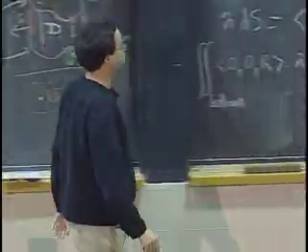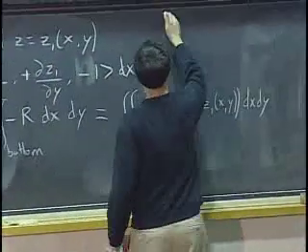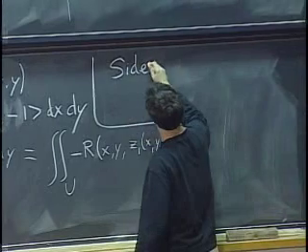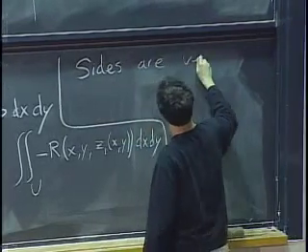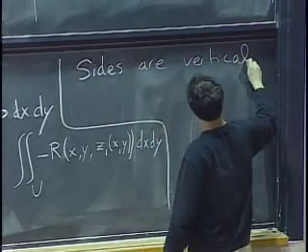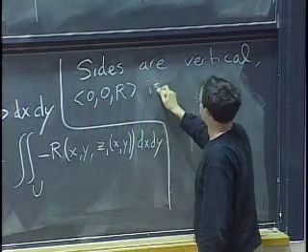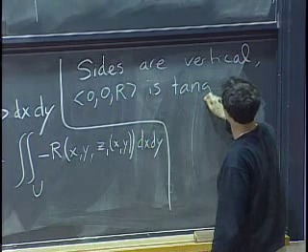So the sides are vertical. So (0, 0, r) is tangent to the side.